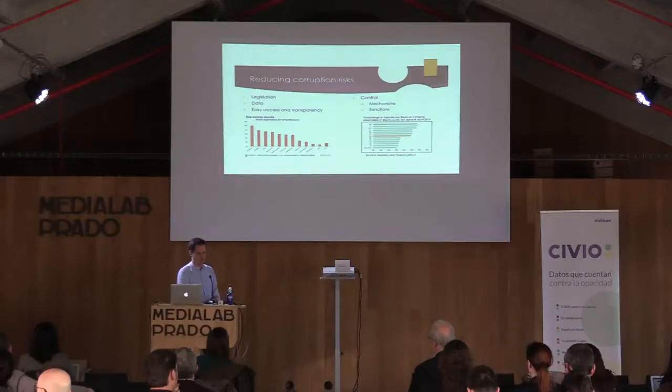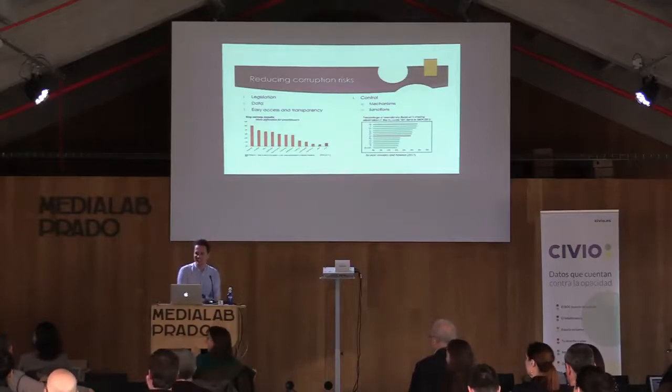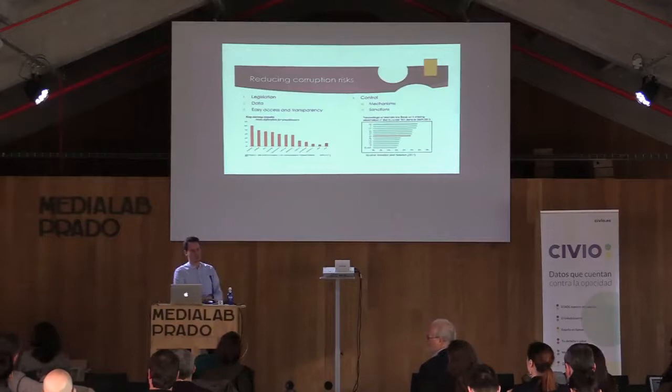And your second question was about control mechanisms, about what we should do. I think in England we have an option which is a whistleblower mechanism, which is what I was telling you about.